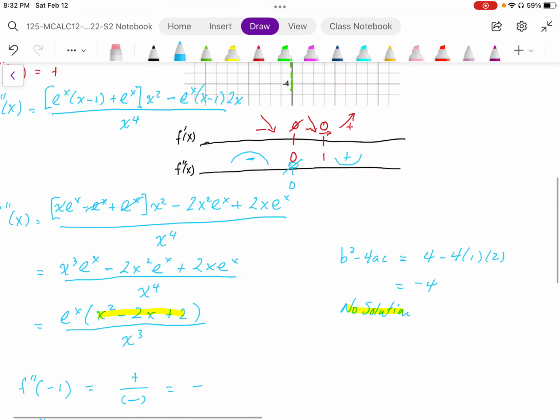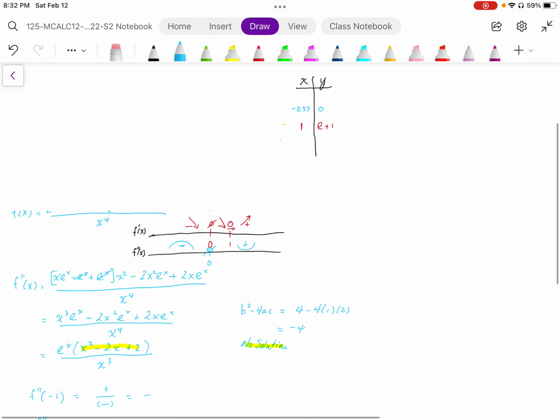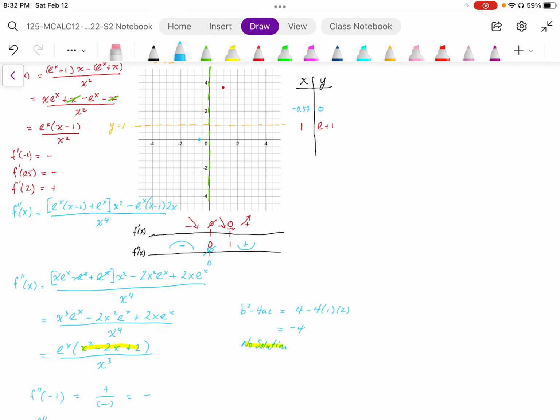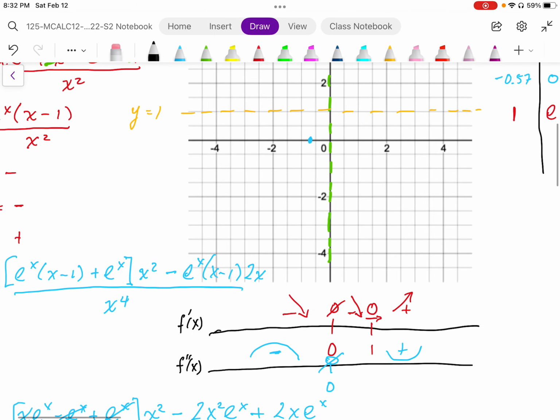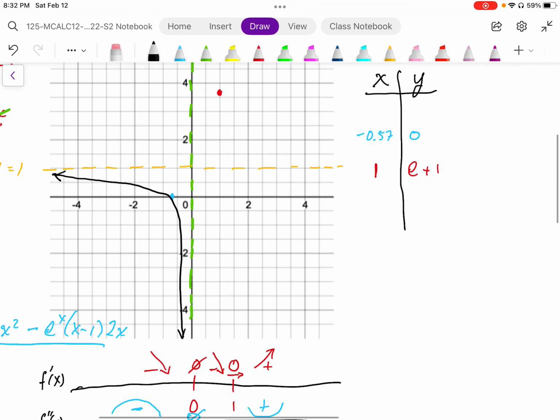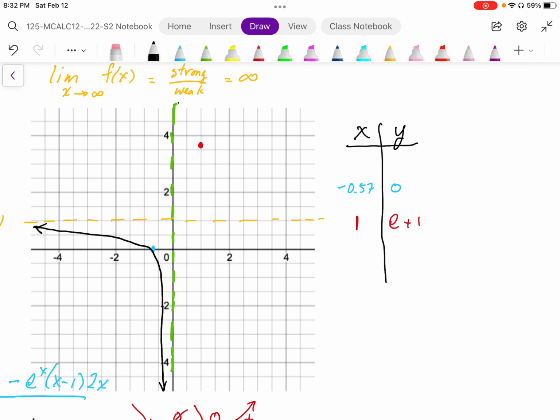Okay, and then that should really confirm what we already kind of knew. This graph was going to be sloping down with negative concavity going through the 0, following the asymptote through here. It's going to follow the asymptote down to the min point, and then it's going to go off to infinity since there's no limit as we go to the right.